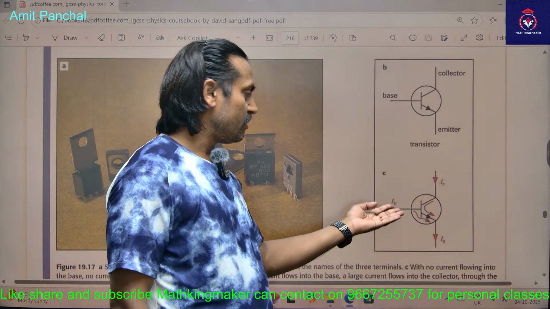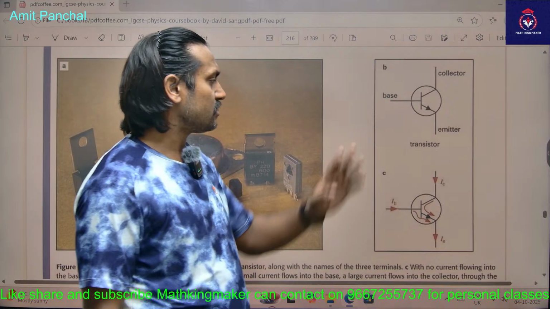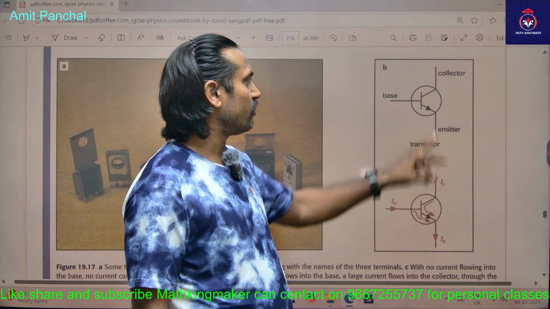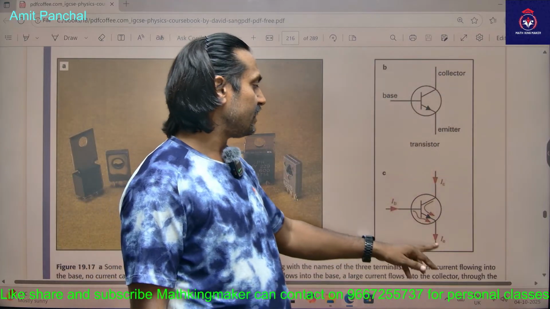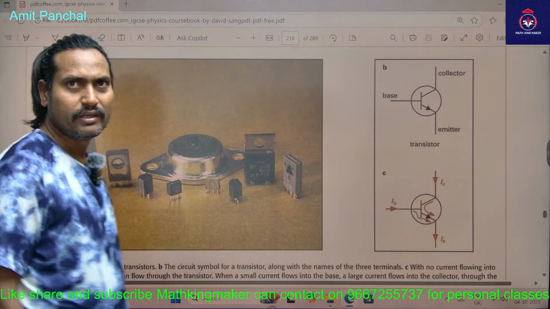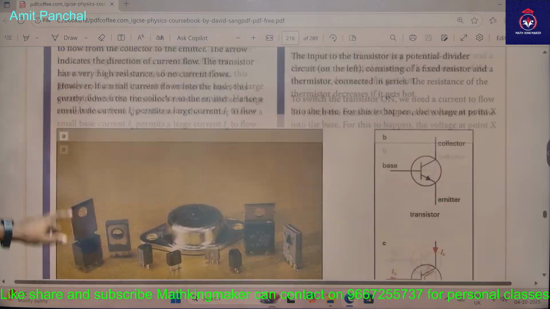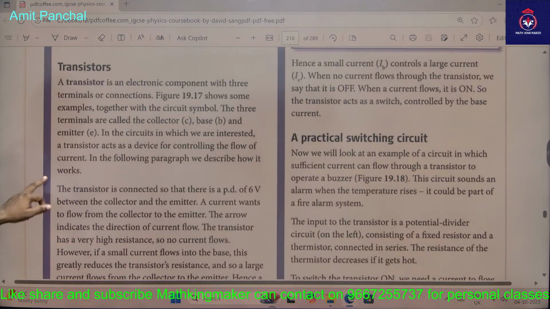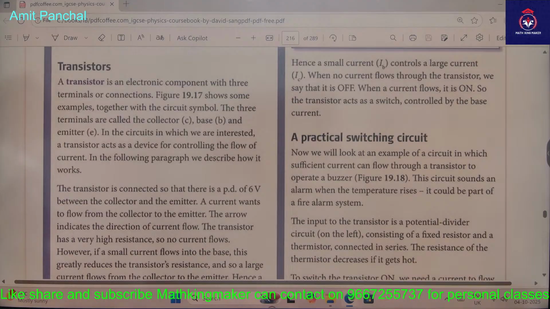IB means the current flowing in the base, IC means the current flowing in the collector, and IE means the current flowing in the emitter. We'll see how it is decided whether a leg is the base, emitter or collector.